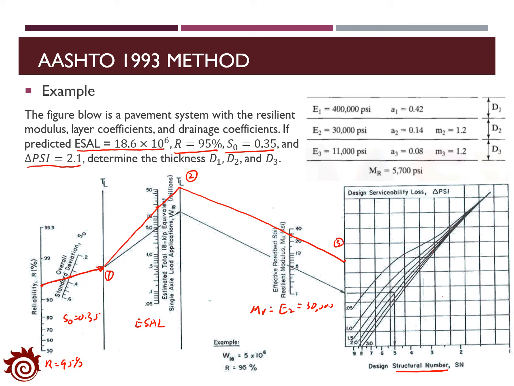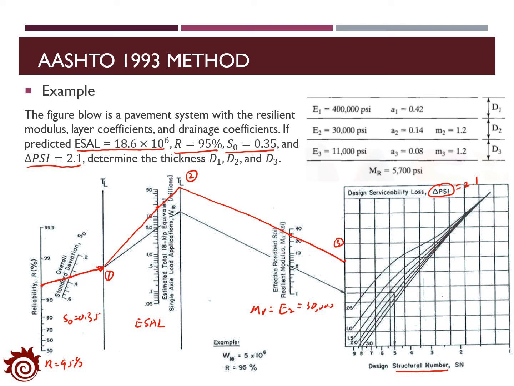With that, we can identify the line we need to choose based on the serviceability loss, which is 2.1, and that's a line below the line of 2.